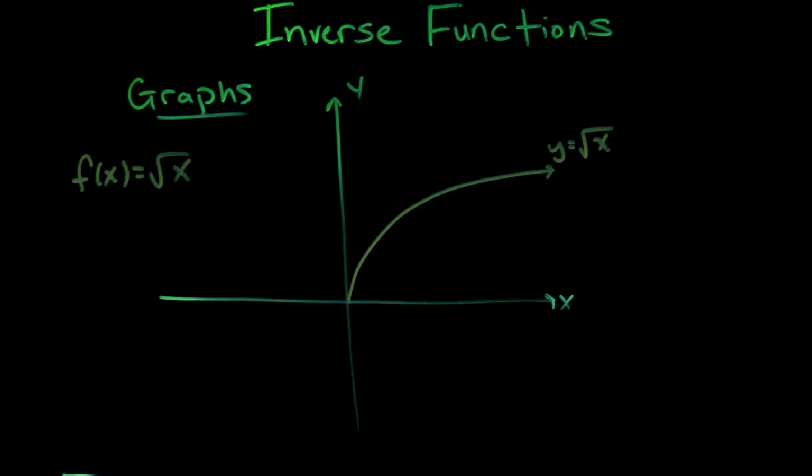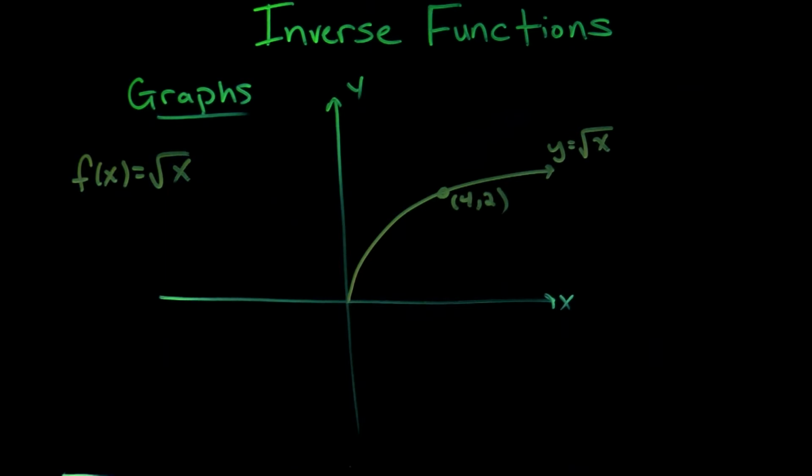And we want to think about what the graph of an inverse function would look like. So if we were to take a point on the graph of the function, let's suppose we take the point 4 comma 2.